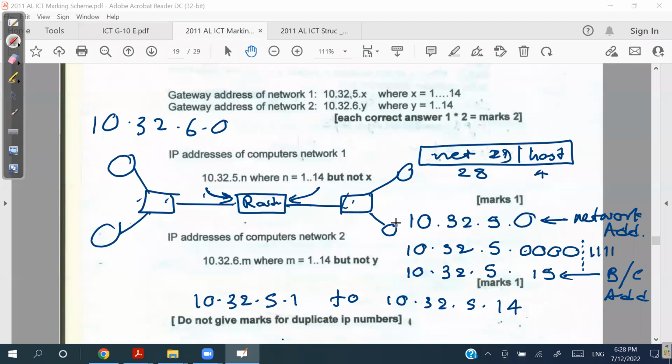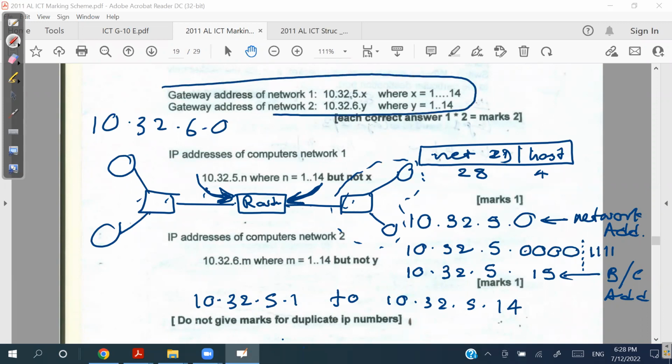So you have to say what is the IP address for this edge of the router, which comes from this particular range, and what is the IP address for this edge.